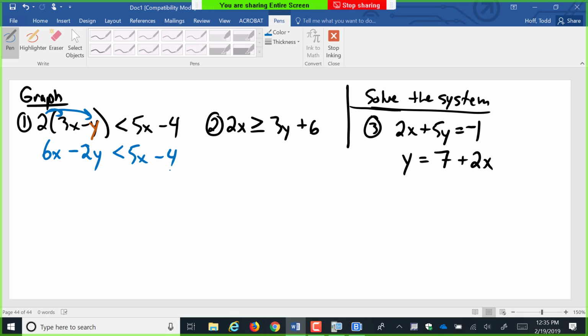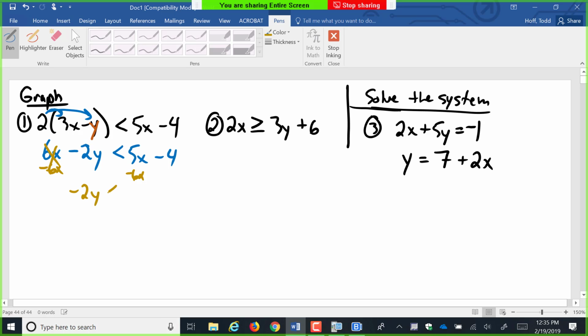But in this case, we want to get y by itself so we can get it in that graphing form. So we're going to get rid of the one that is with the y, which is the 6x. So we're going to subtract 6x. What's that leave us? Negative 2y less than negative x minus 4. Perfect.